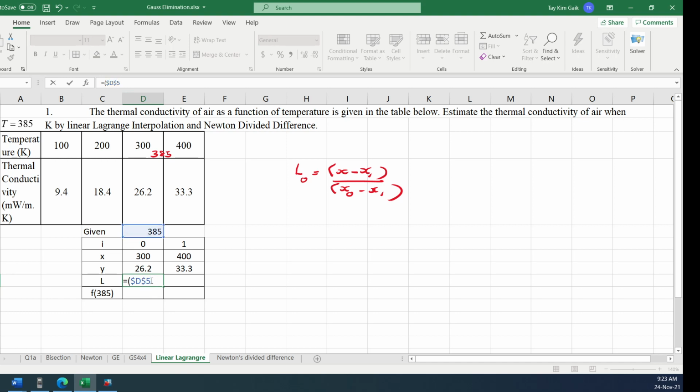So D5 minus x1 divided by x0 minus x1. Okay, so you get 0.15. Make sure you key in x minus x1 over x0 minus x1 correctly, just make sure L0 is correct.